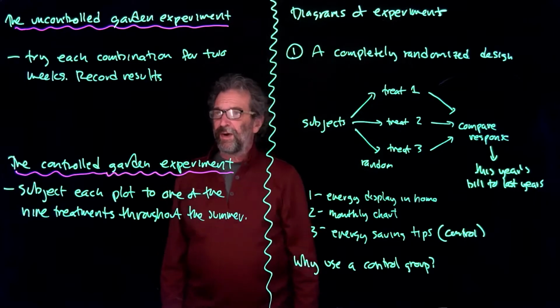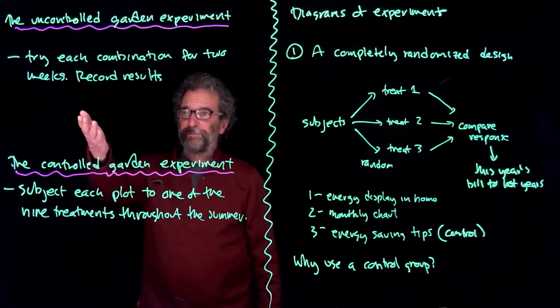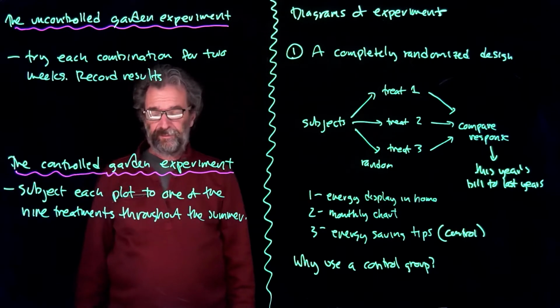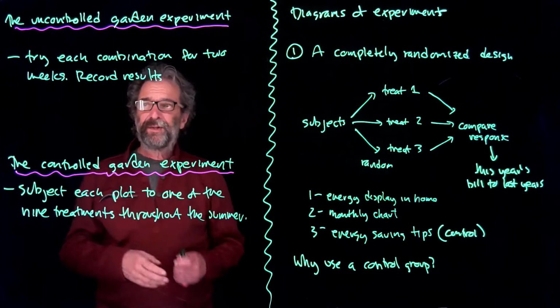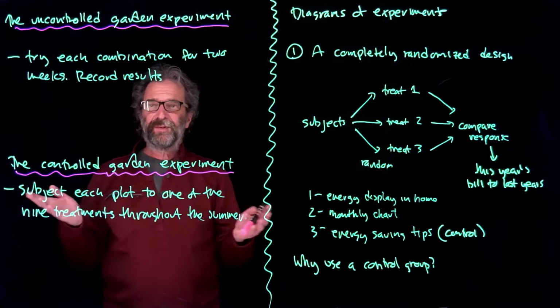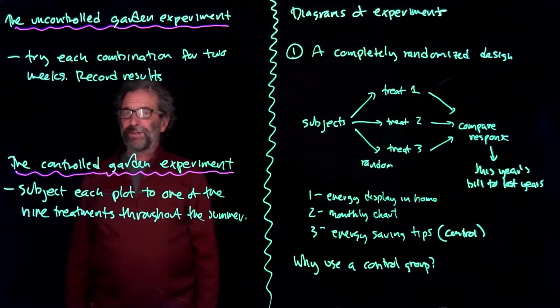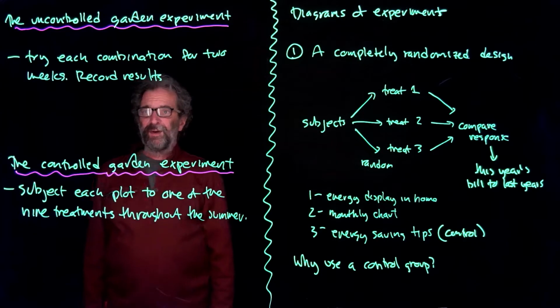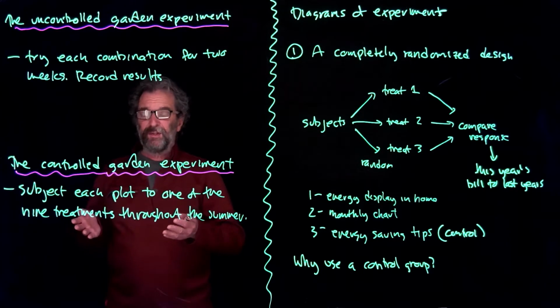The things that can go wrong here are, well, in each 2-week period, the weather's going to be different. And so over that short period of time, maybe it's great to water twice a day, but maybe over the whole summer that wouldn't work. Maybe it'd be great to have full sun, but maybe over the summer that wouldn't work. And so doing that, all the external variables that are controlling things are also impacting the garden over those 2-week periods.